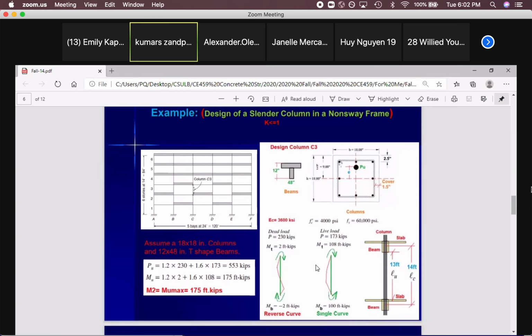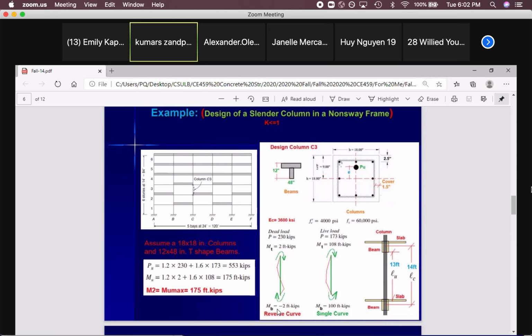No, those are unfactored. So what's the PU? 1.2 dead load, 1.6 live load. That's PU. For MU, I will go with the top one: 1.2 times 2 plus 1.6 times 108. You will get 175.